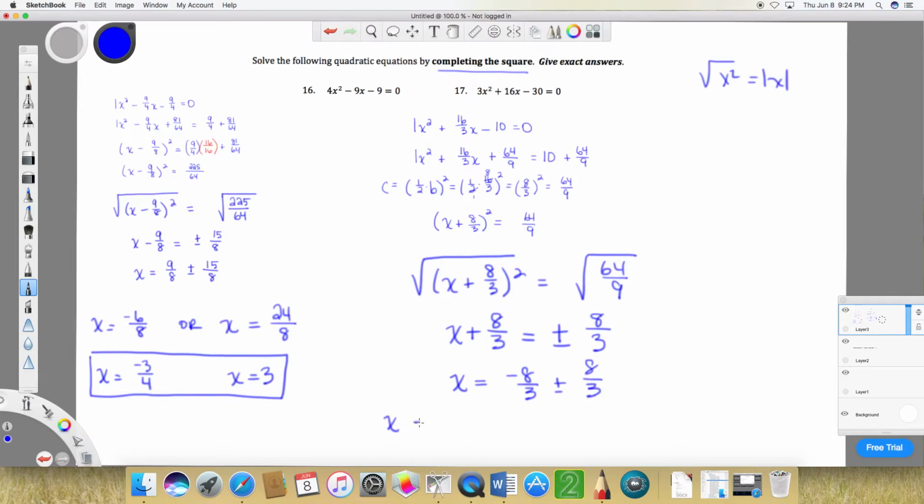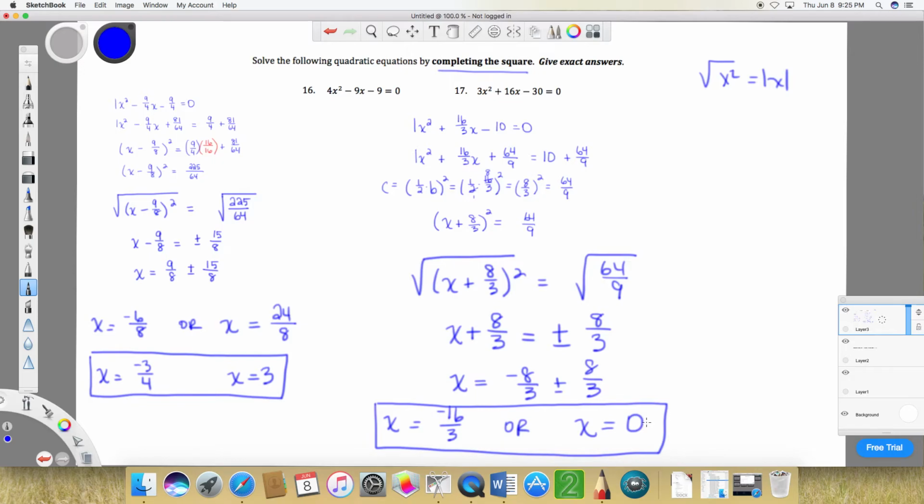Well, if we subtract these two values, they have a common denominator, and so negative 8 minus 8 is a negative 16 over 3. If we add these two, they have a common denominator 3, but negative 8 plus a positive 8 is 0, and 0 divided by 3 is just 0. So our solution set is negative 16 over 3 and 0.